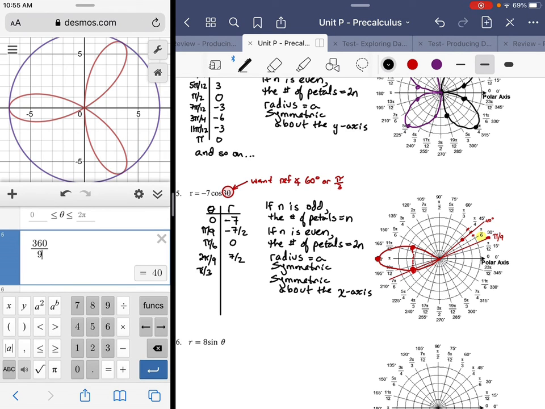So the next angle that I would want would be pi. A third of that would be pi over 3. So cosine of pi, you plug in pi over 3 times 3 is pi, would be -1, so that gives me a 7. So at pi over 3, I should have a 7. If I'm ballparking the 7, it puts me somewhere about over here.